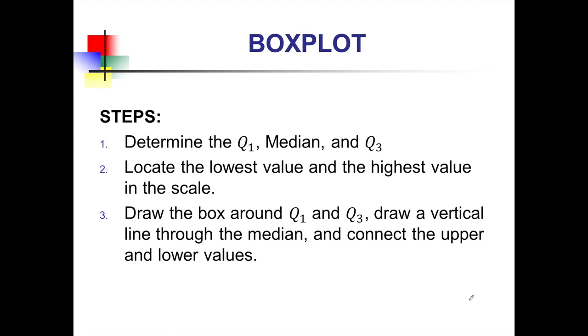Third step is to draw the box around Q1 and Q3. Then draw a vertical line through the median and connect the upper and lower values. If you don't get the textual steps, we can now do it visually.